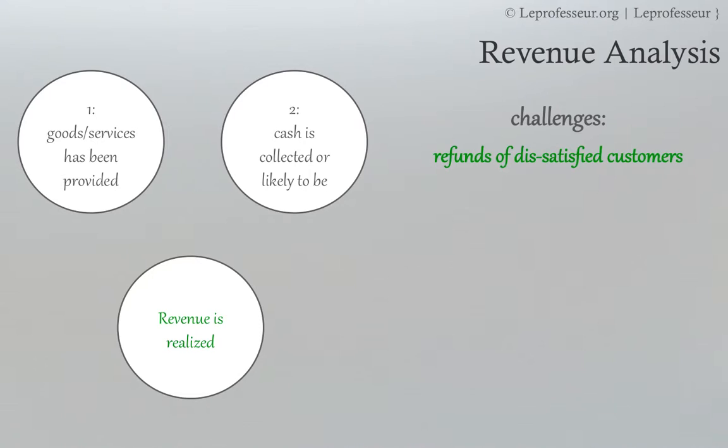Another challenge is the refund for dissatisfied customers. For example, a firm is manufacturing electronic gadgets, or let's say any kind of product, and you usually buy products that have a 30-day return policy, 15-day return policy, and so on. So how does the company process refunds for dissatisfied customers?